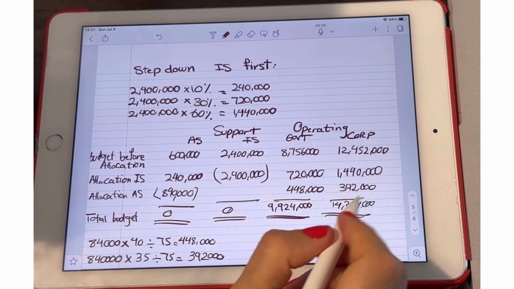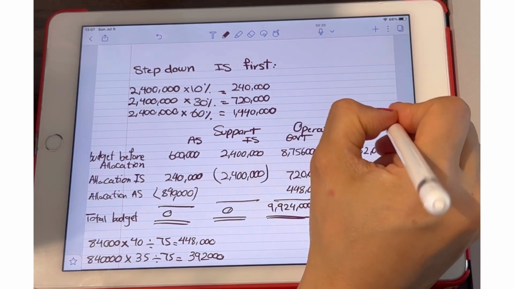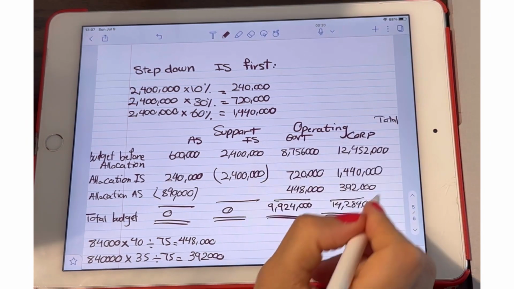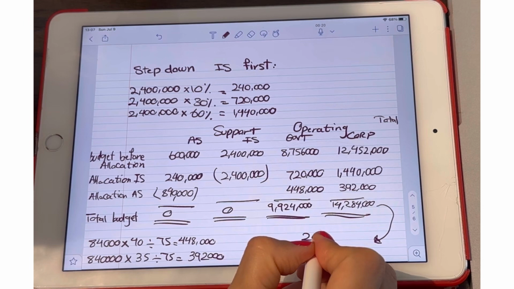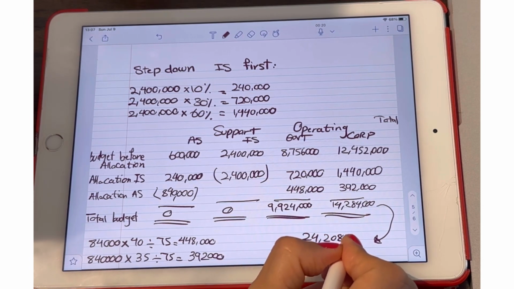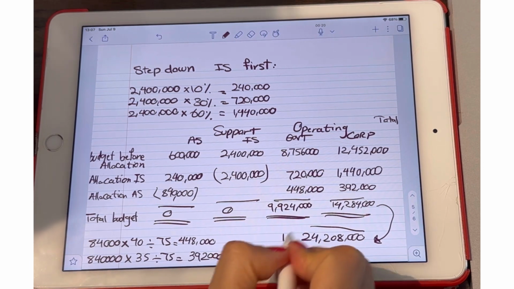As you see, we have $24,280,000 again. And it's the proof that we did good.